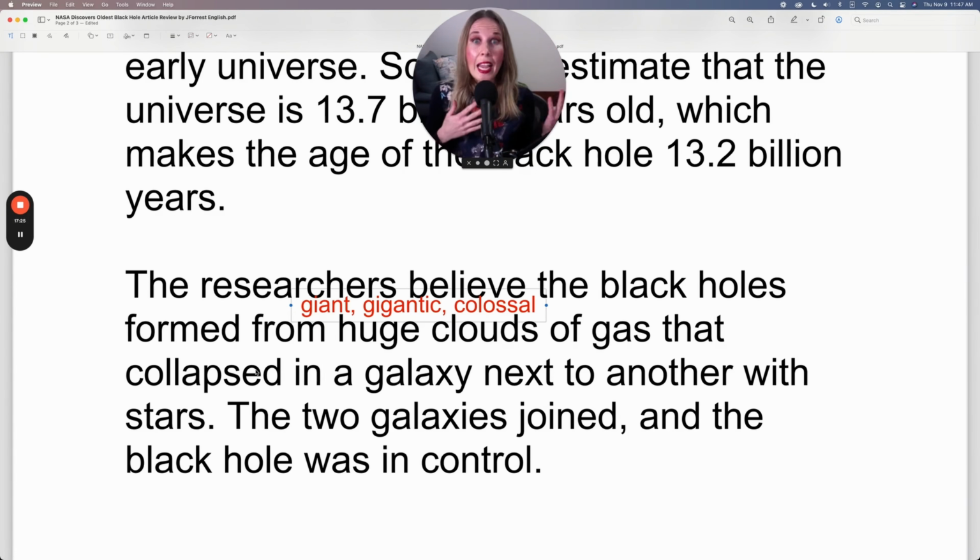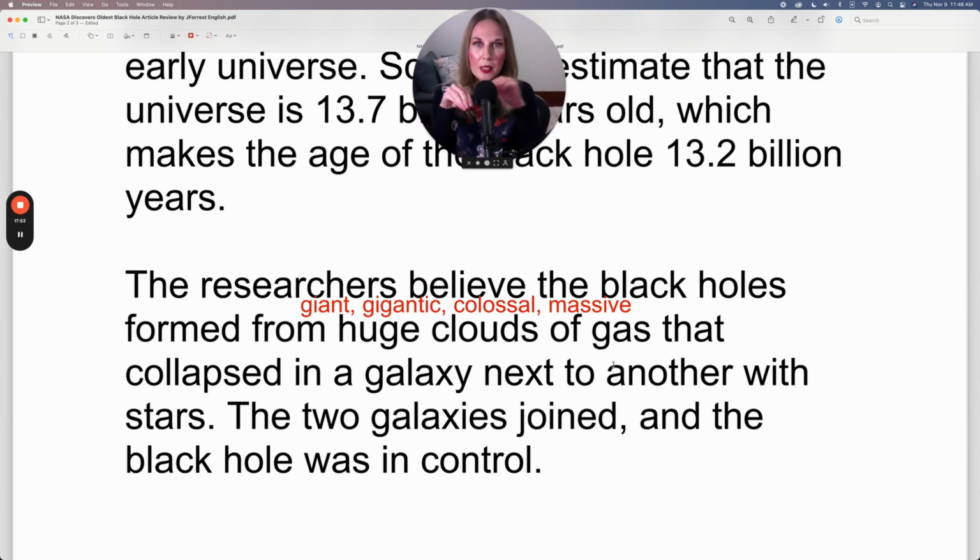But a very ancient, extremely old house, an ancient barn, an ancient garage or shed structure could collapse. So massive, well, there's another one I just said that wasn't on this list of ways to say very large. Massive clouds of gas that collapsed in a galaxy next to another galaxy.